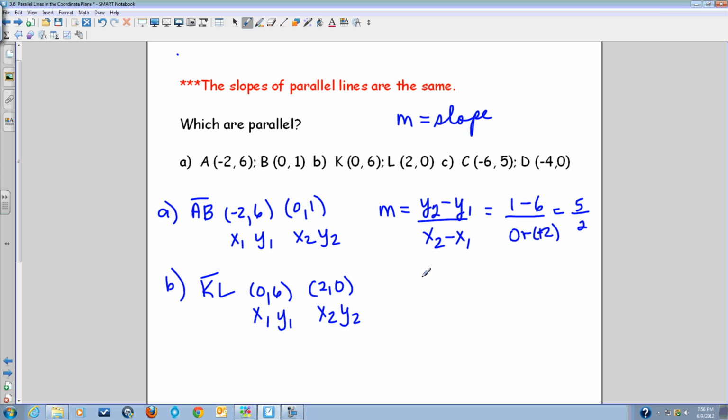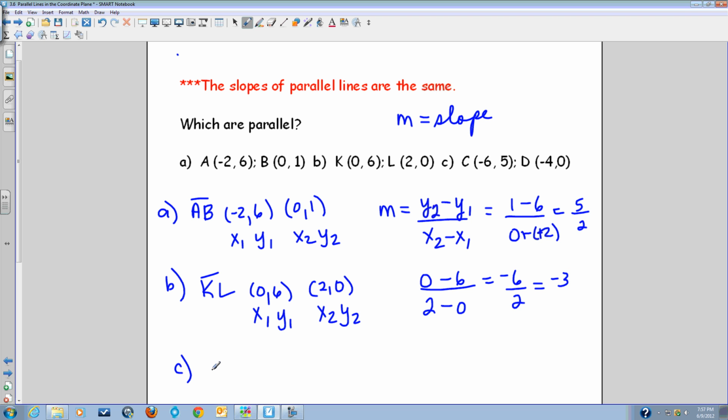So y2 is 0 minus y1, which is 6. x2 is 2 minus x1, which is 0. So we get negative 6 over 2, which gives us a slope of negative 3. Those two lines do not have the same slope, so they are not parallel.